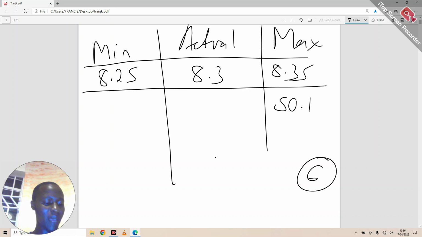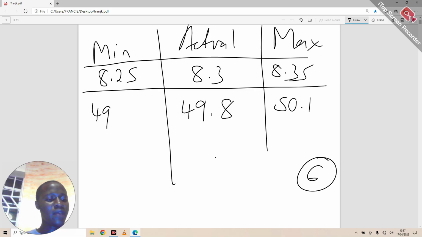On the actual part, 8.3 by 6 gives 49.8. On the other side, 8.25 multiplied by 6 gives 49.5.